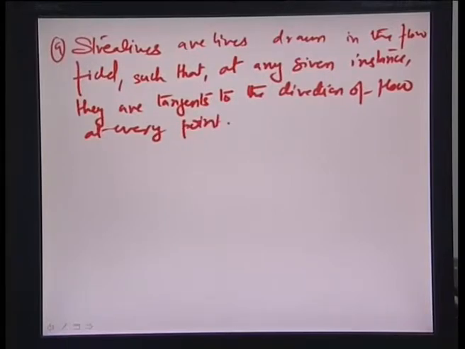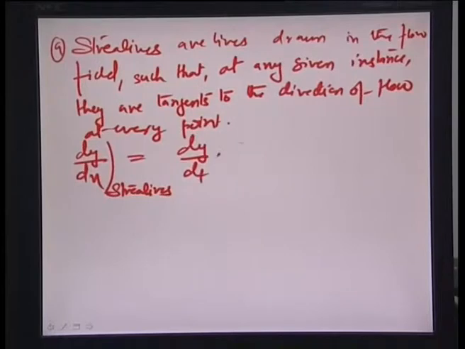So, essentially here we have to find dy by dx, which is the tangent for the streamlines, and this can also be represented as dy by dt times dt by dx, using the chain rule. What do we know?